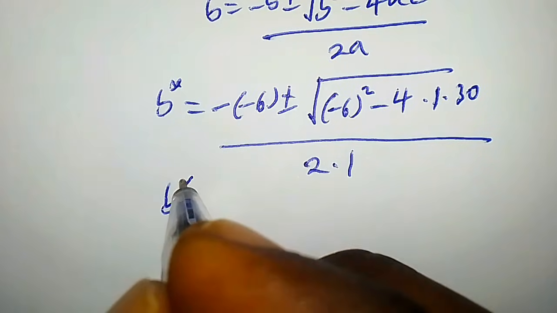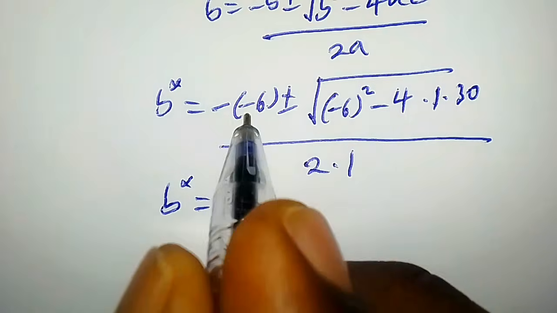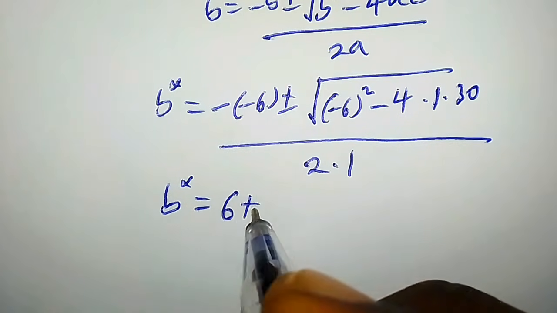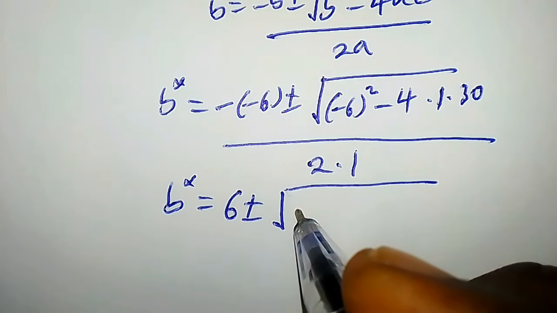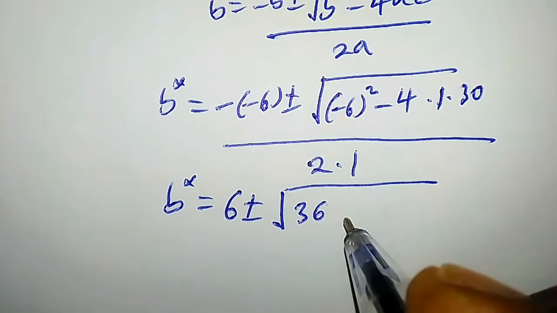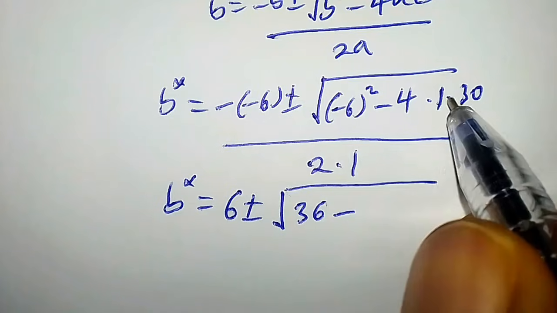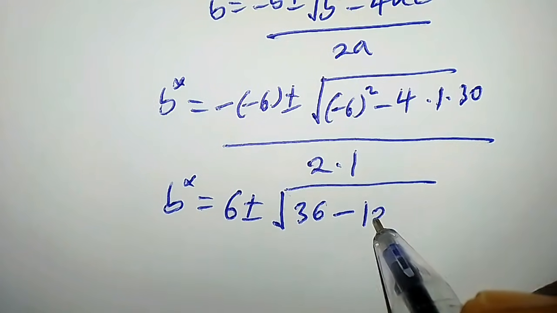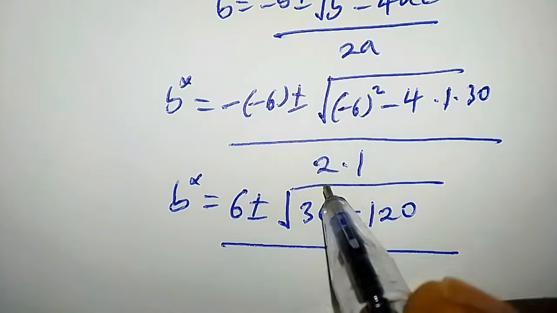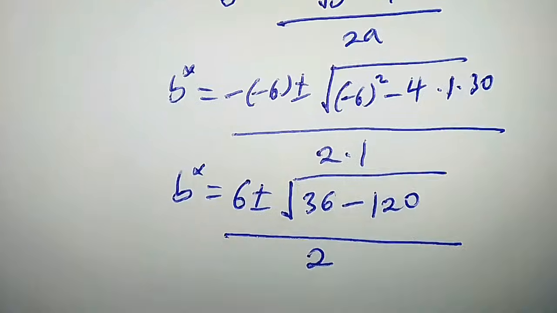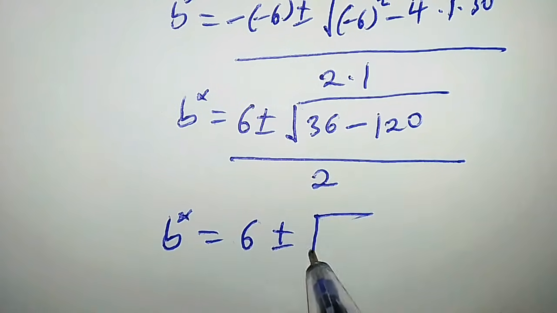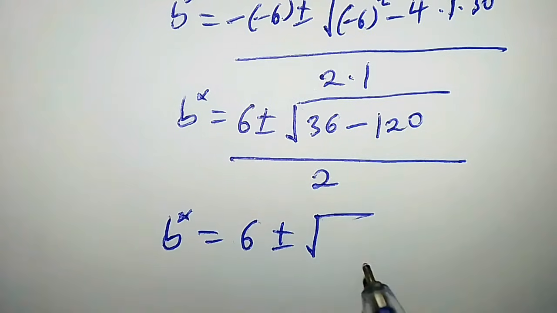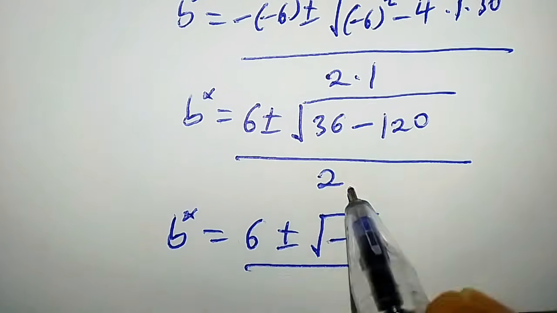So b star is equal to minus times minus 6, that is 6, plus or minus square root of minus 6 all squared is positive 36, minus 4 times 1 times 30, that is 120, divided by 2 times 1, that is simply 2. b star is equal to 6 plus or minus square root of 36 minus 120, that is negative 84, divided by 2.